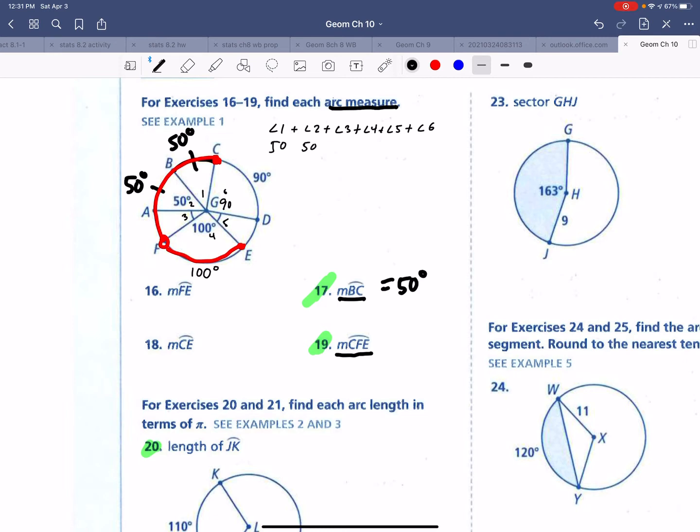The second one's 50. The third one we don't know, so we'll call that X. The fourth one we know is 100. The fifth one we don't know, but it's also X because it's one arc mark. And then that one's 90. But all these have to add up to 360. Okay, so that's 100 and that's 100. And that's 90. So those all add up to 290 plus 2X.